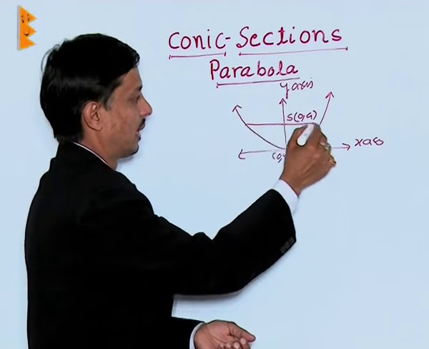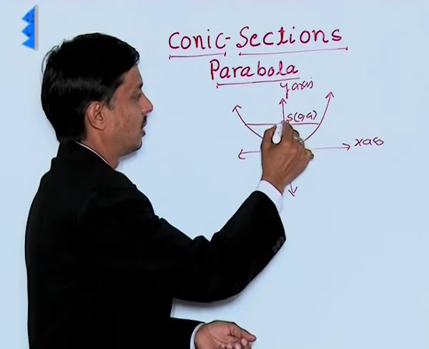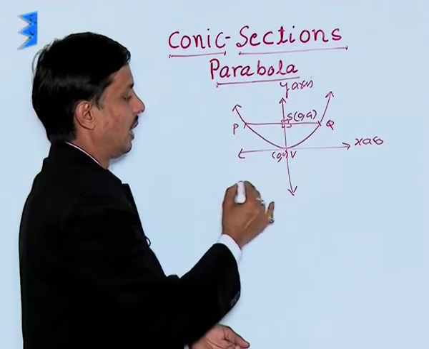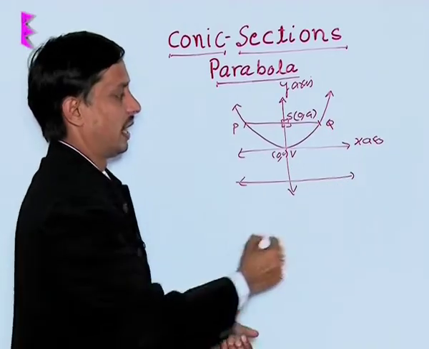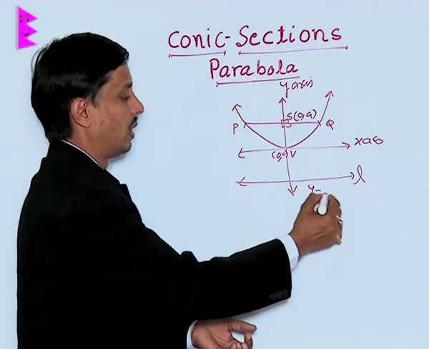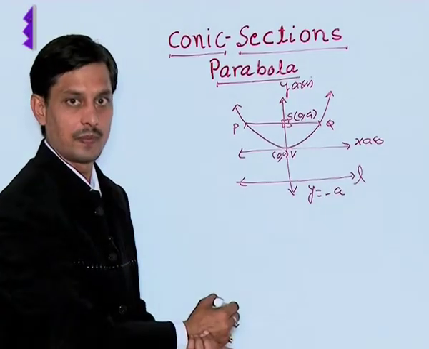This is the latus rectum, again of length 4a, I can take it as PQ, and this is the directrix, L, or we can take it as y equals minus a.